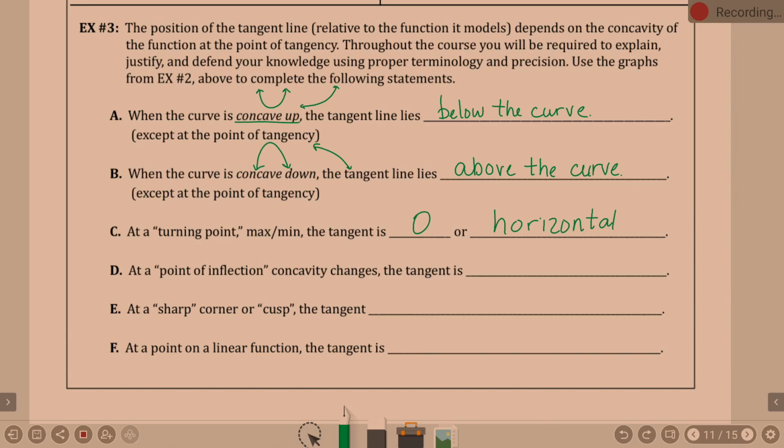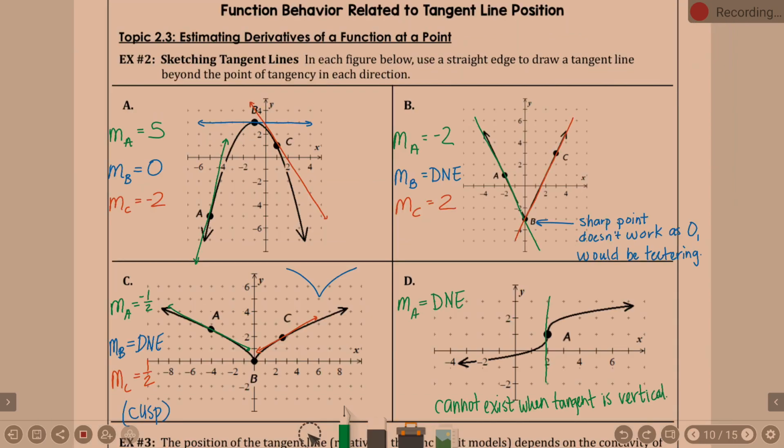At a point of inflection, concavity changes. The tangent is blank. Point of inflection where the concavity changes. So if we go back to some of these, D, we have concavity changing, yes, because right here on this left piece, I'm concave up.